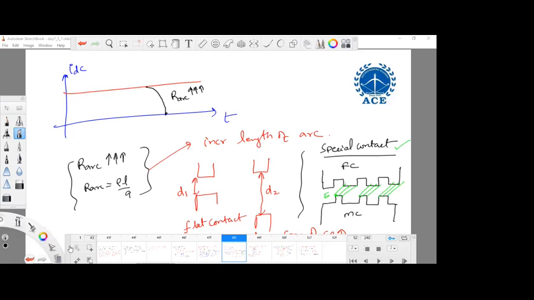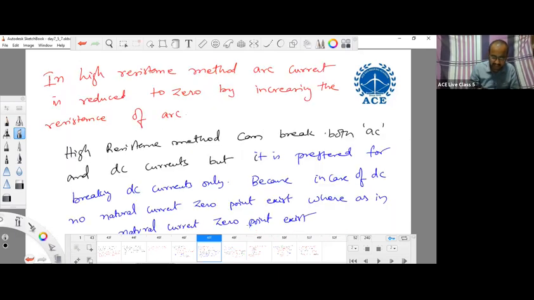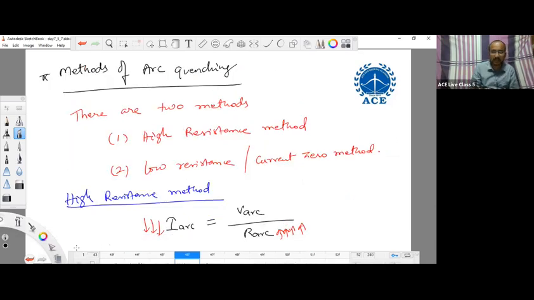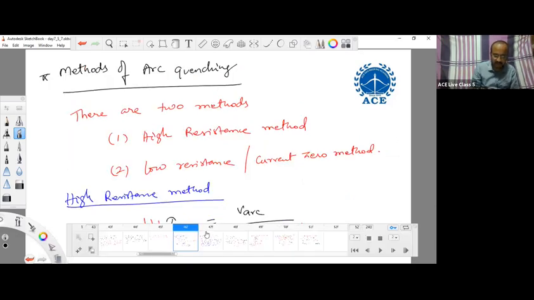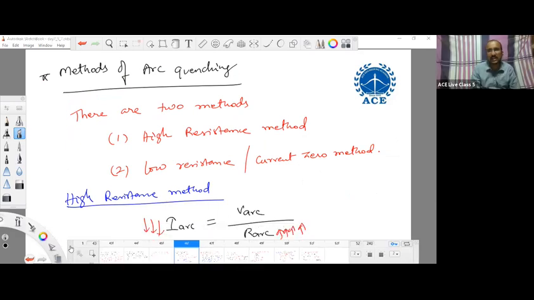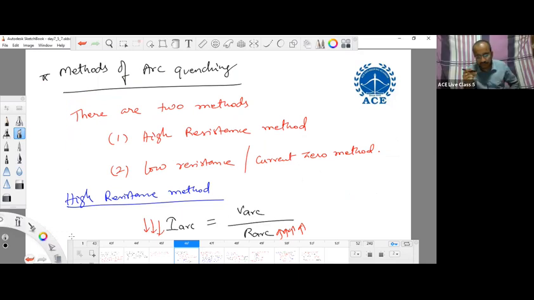If you go on increasing the arc resistance, what happens? As the arc resistance is increasing, the arc current reduces. Here we are reducing that arc current to 0, because the arc is to be quenched. That is forcibly done by increasing the resistance of the arc.